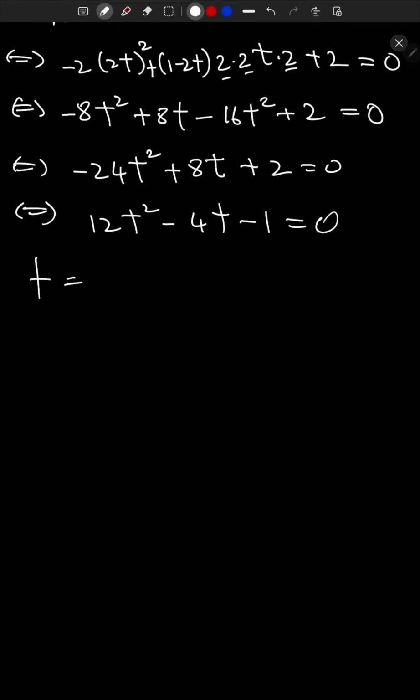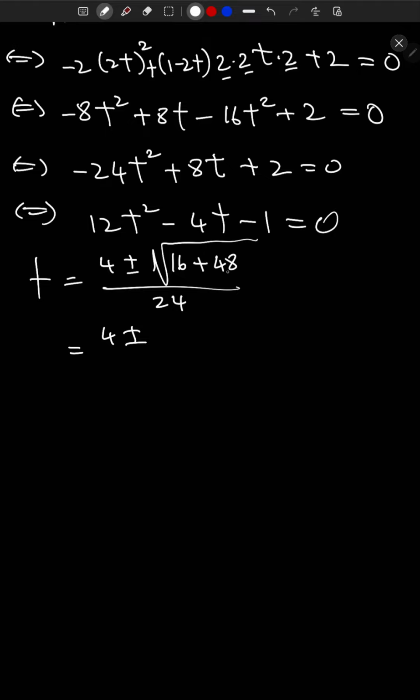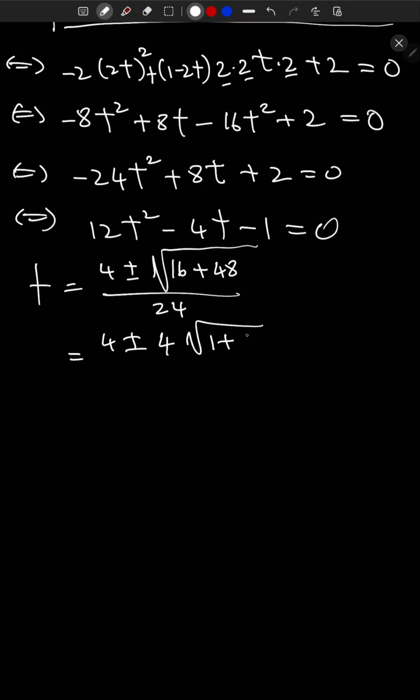So t equals 4 plus or minus the square root of 16 plus 48, over 24. And so this is going to be 4 plus or minus, I can pull out a 16 here, so 4 square root of 1 plus 3, over 24.